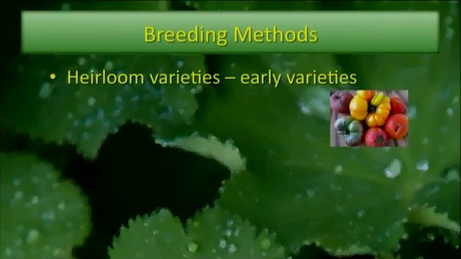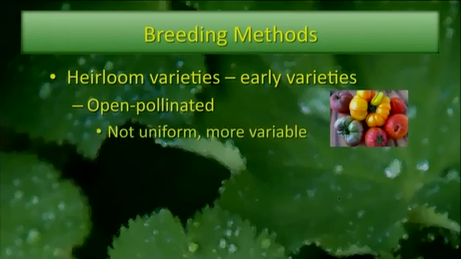Now, heirloom varieties are early varieties, European and American varieties of different kinds of vegetables and fruits. They allow open pollination. They don't put bags over the flowers to prevent bees or other insects from visiting them. They let whatever is going to pollinate them.